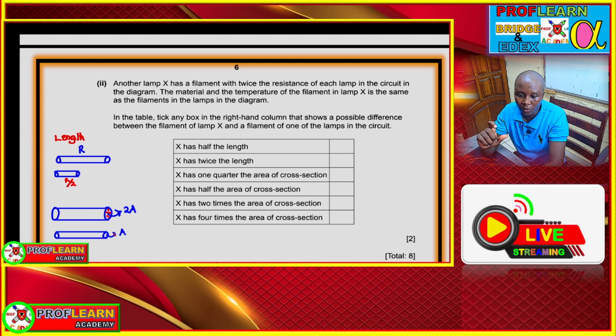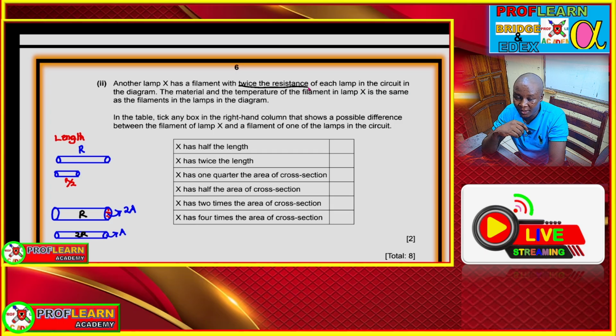So if you have a thin wire, it has high resistance because it has few free electrons to transmit electricity. In this case, if this has a resistance R, this is going to have a resistance twice R because it has a small cross-section area, meaning few free electrons to transmit.